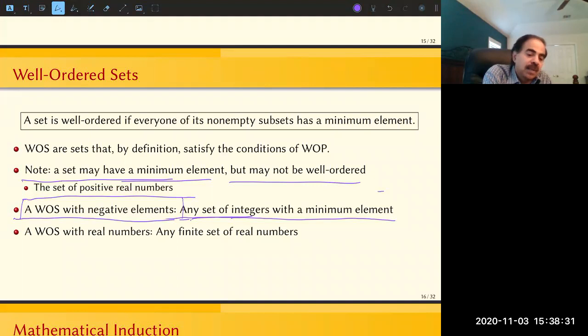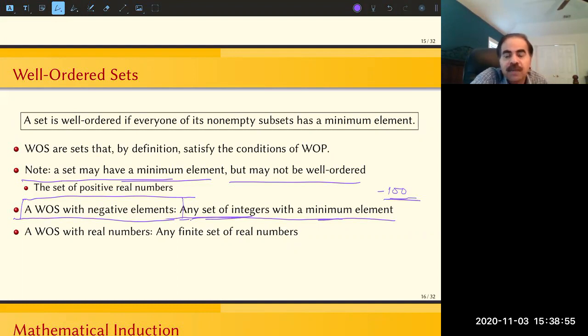Let's say the minimum element was minus 100. Because it is integers, you can enumerate the set, and therefore you can arrange it in increasing order from the minimum element.